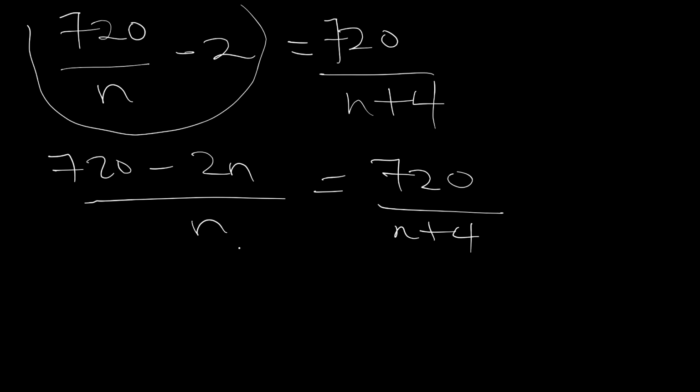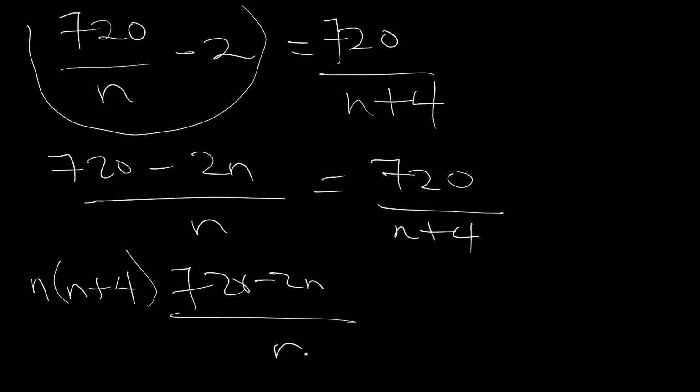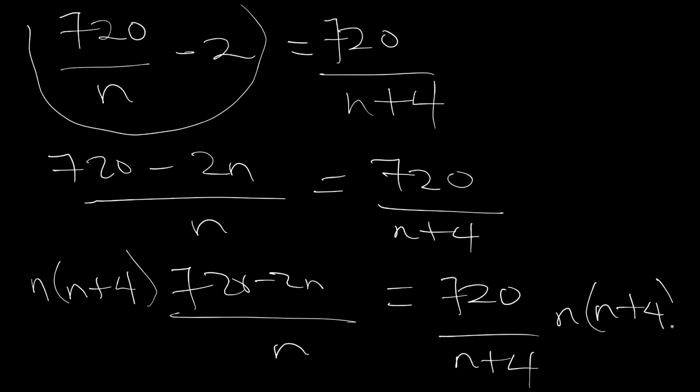Now when we multiply by the LCM, which is N into brackets N plus 4, we do the same thing for the right hand side. So we have 720 over N plus 4, multiplying N into brackets N plus 4.